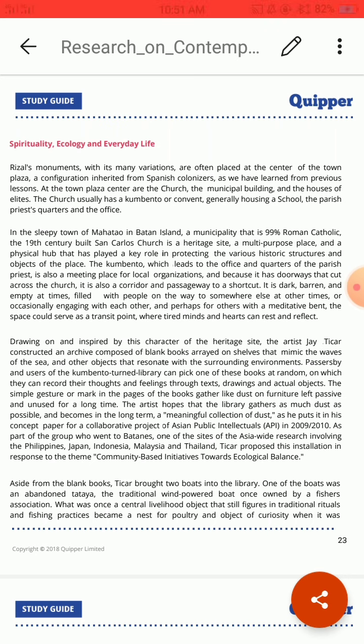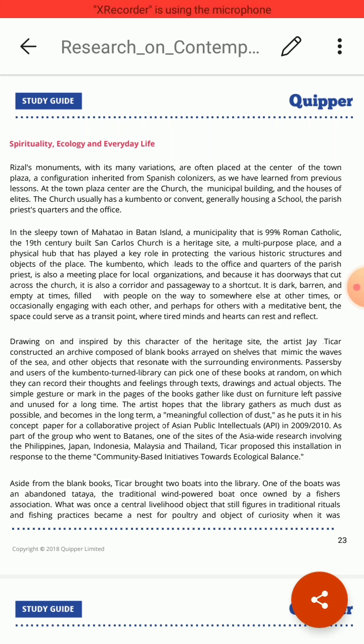Pwede sila mamili isa ka book. Then pwede nila dito isulat kung unsa ang ilahang thoughts, mag-drawing, and pwede sila magbuhat og mga objects, kung unsa naa silang mind, kung unsa na silang feeling, pwede nila i-record dito, through drawing, through actual objects.